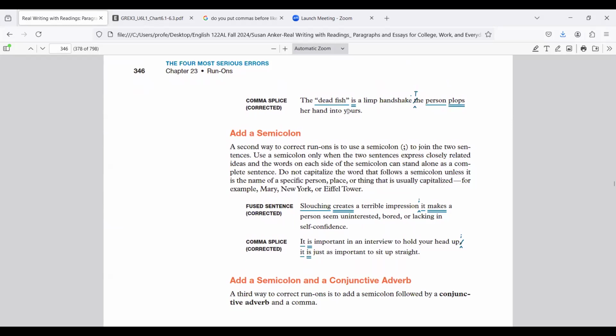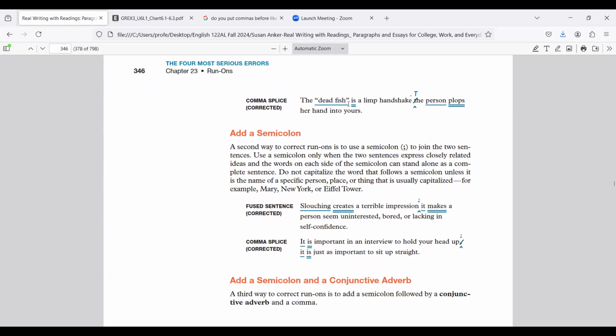Here's one with a comma. I don't see a comma splice because it doesn't have a comma there. You can't see it. But this looks like a few sentences to me. The dead fish is a limp handshake. The person plops her hand into yours. I think the comma is not showing up in my copy, or it's just a few sentences, but you can see that dead fish is a limp handshake.